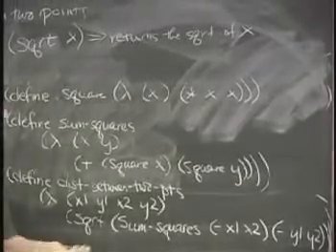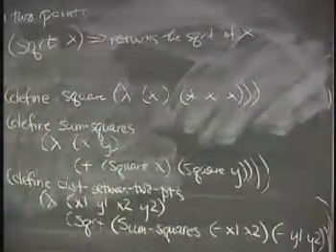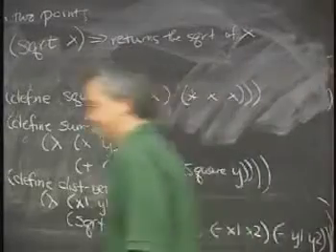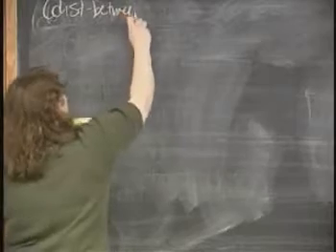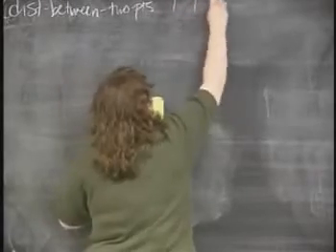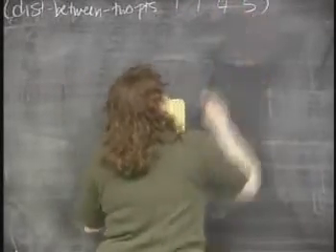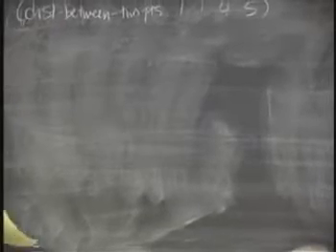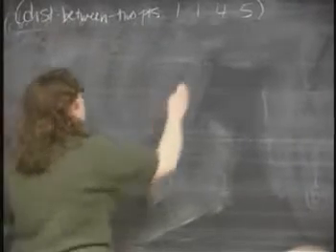Okay, let's evaluate this using the substitution model. So we're going to compute the distance between two points, (1, 1) and (4, 5). So evaluate sub-expressions in any order.